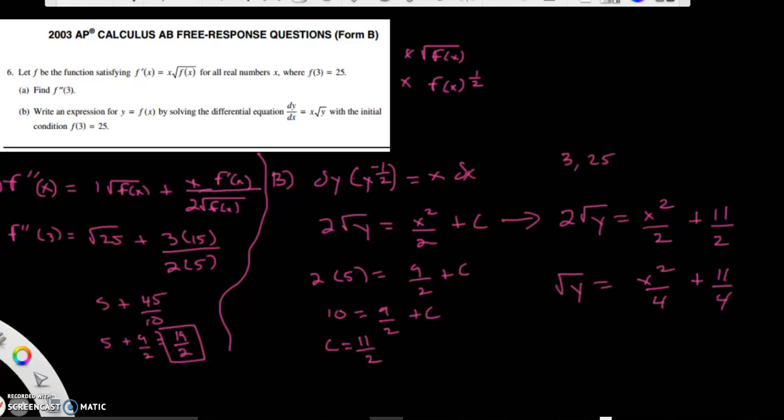Now we're going to have to square both sides. So now we're going to get y equals x squared plus 11, quantity, all over 4, quantity squared. And technically you could just put the 16 on the bottom and keep it squared. So you could say y equals x squared plus 11, quantity squared, over 16.